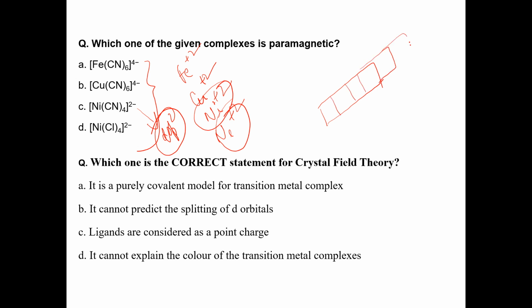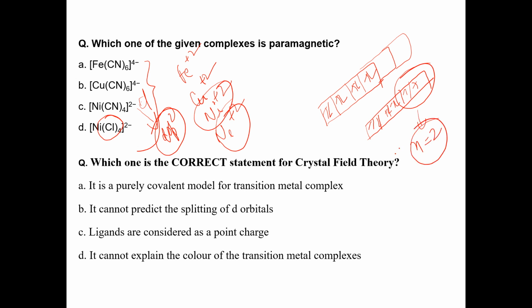In the last slide I showed all the electrons are paired up, so it will be diamagnetic. And what about this one? In this case a chloride ligand is given. For d8, because chloride is a weak ligand, the number of unpaired electrons will be 2. So that's why it is paramagnetic.